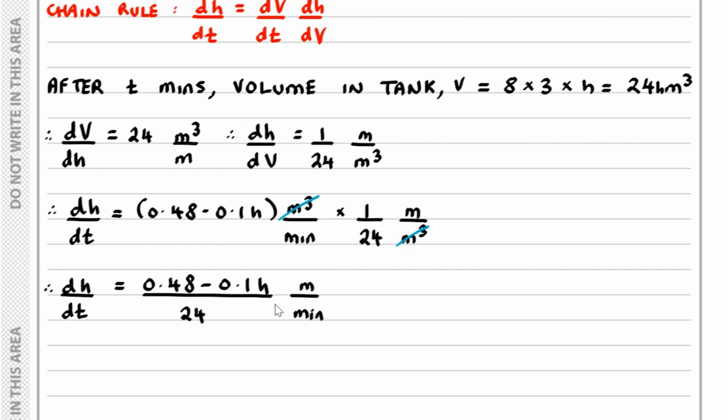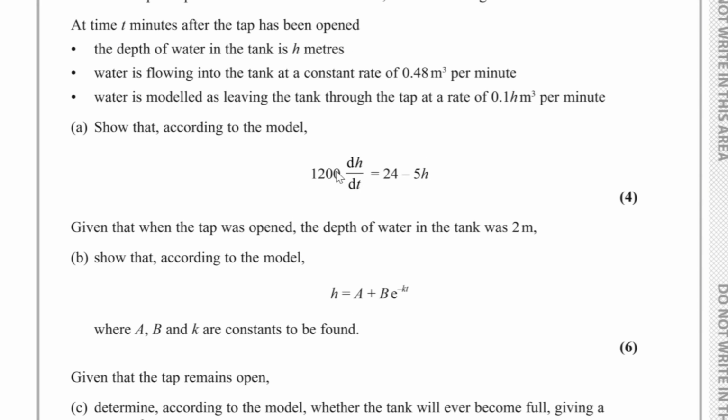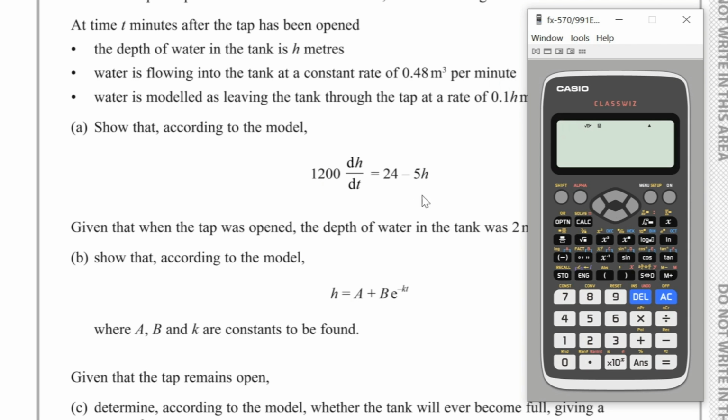Now, if we pay attention to what we want to show, if I divide it through by 1200, 24 divided by 1200 is 0.02, and 5 divided by 1200 is 1 over 240.